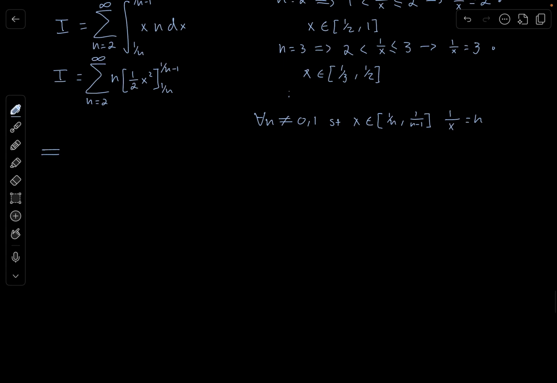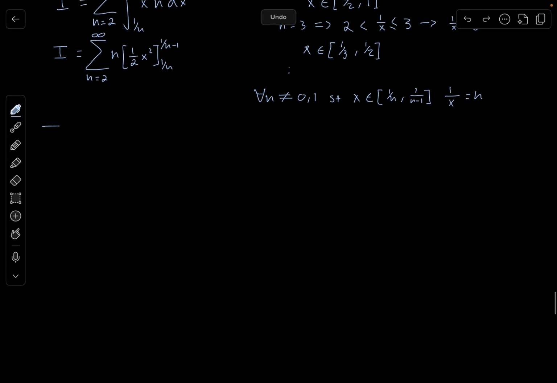I'm actually going to switch colors here. We have I is equal to the sum from n equals 2 to infinity of n over 2 times 1 over n minus 1 squared minus 1 over n squared.